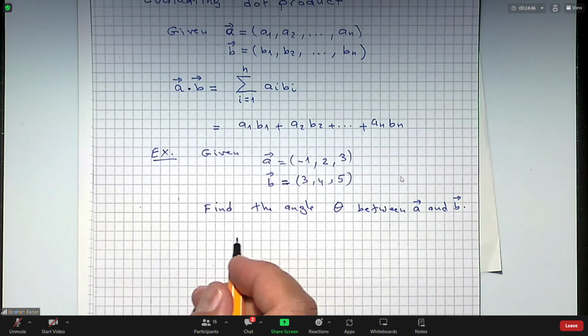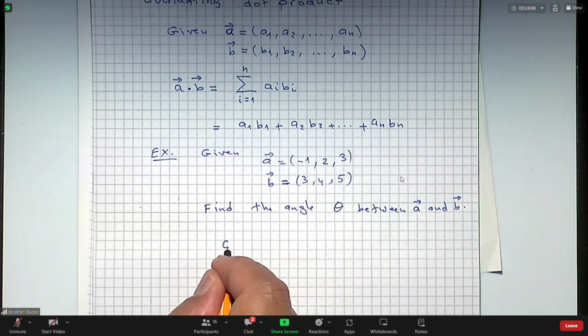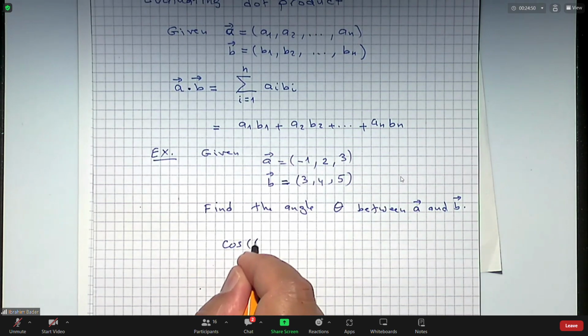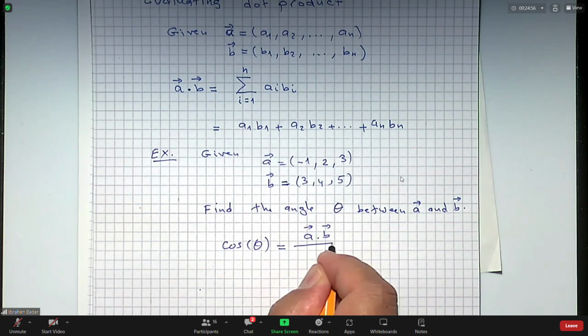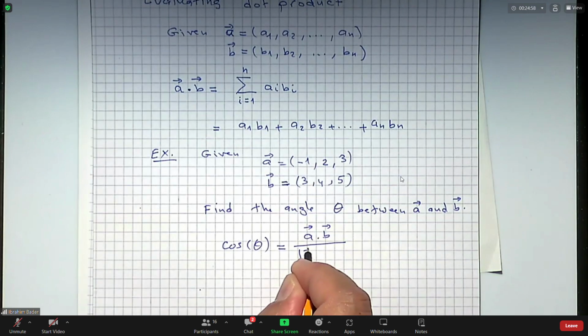Let me just write the equation again. So the formula here is A dot B as vectors over magnitude of A times magnitude of B.